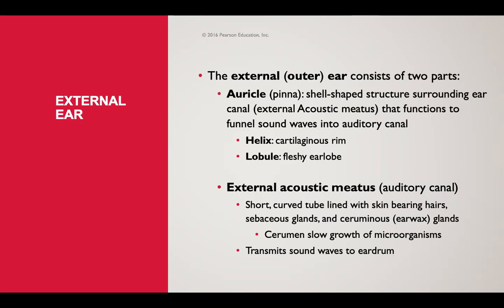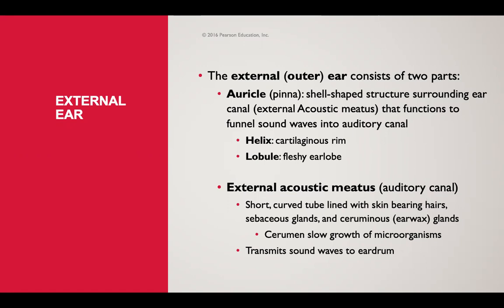The auditory canal, or your external auditory canal, or your external acoustic meatus, is the structure that basically runs and collects and transfers the sound vibrations toward the middle ear or toward your tympanic membrane. It does contain both oil glands as well as ear wax, which we identify as cerumen, which has a goal, believe it or not. It's not just to make your ear dirty.